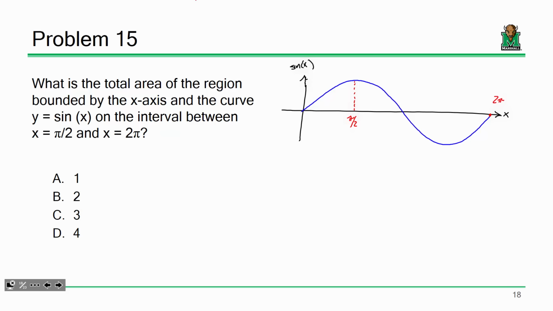I propose that if we want to determine the area bounded by the curve and the x-axis, in other words, this and this. Okay, first off, what is this point right here?